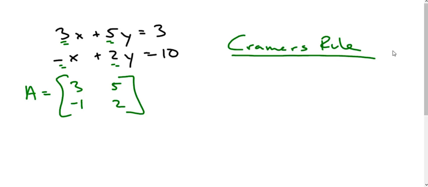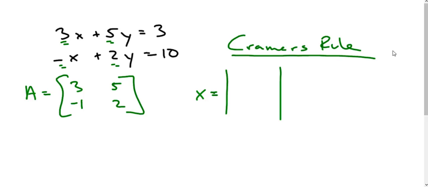Now, Cramer's rule states this. To find our x value of a system, which is 2 by 2, we're going to find the determinant of, using our coefficient matrix, we're going to replace the x value column with the solution column.